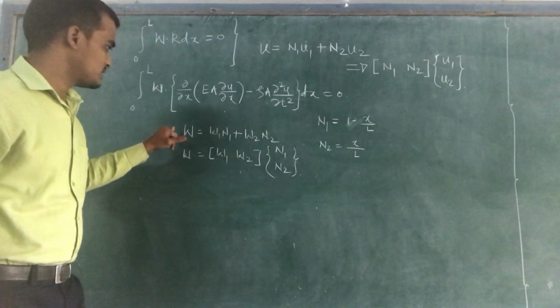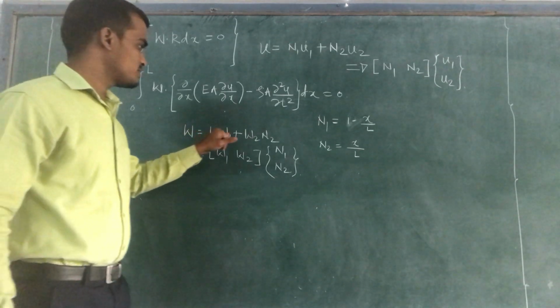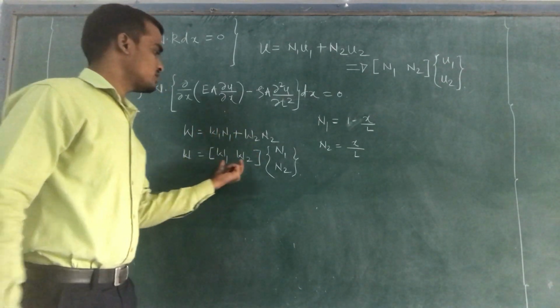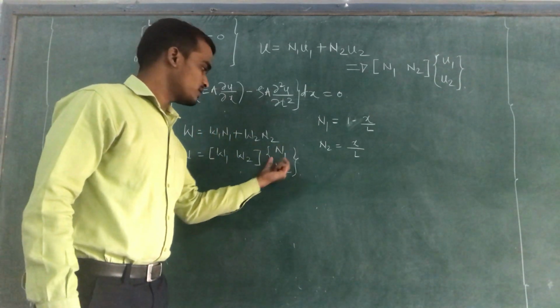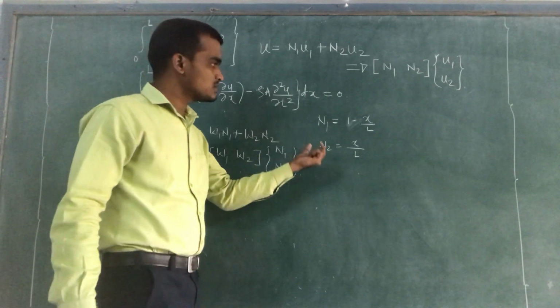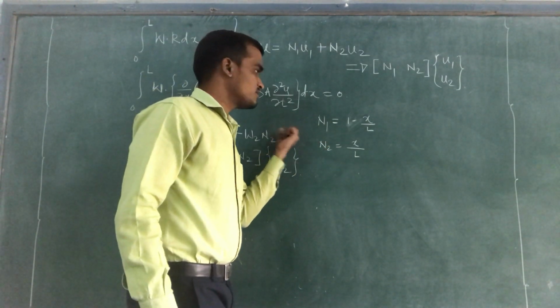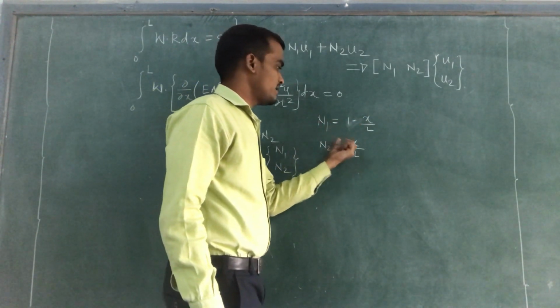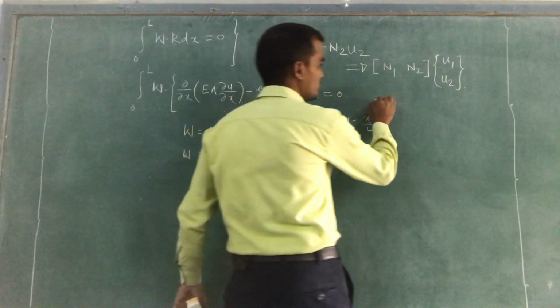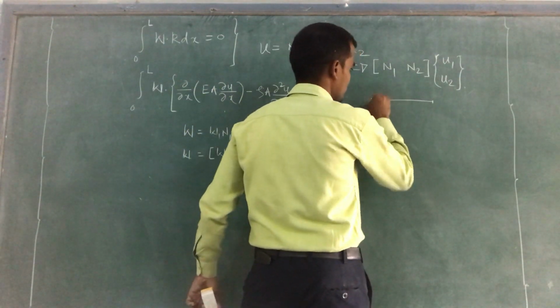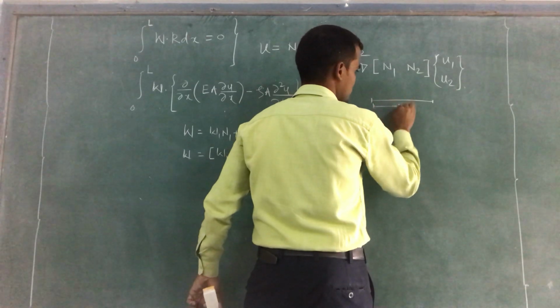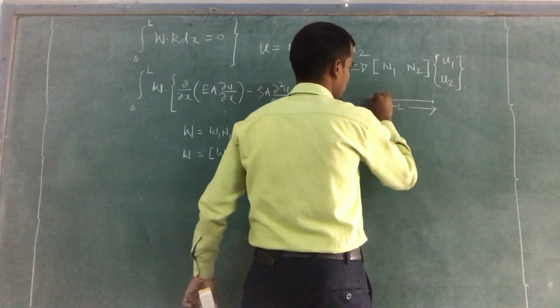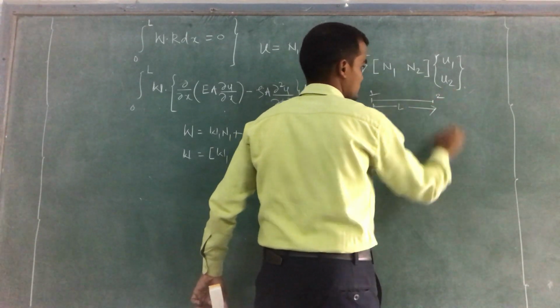Similarly, the weighted function is W1 N1 plus W2 N2, or W1 W2 into N1 N2, where N1 and N2 are the shape functions, whose values for this rod element are 1 minus x by L and x by L, because we have considered a two-noded element of length L, where this is the first node and this is the second.